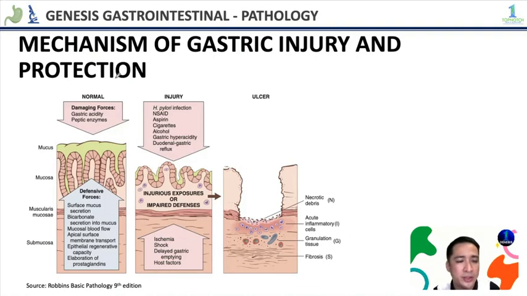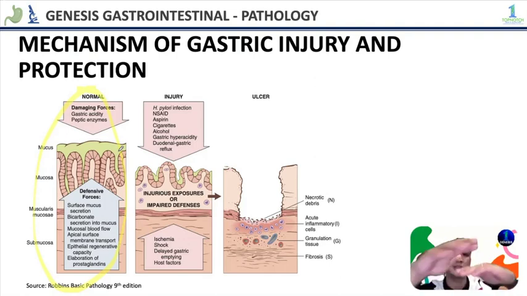So it is important to take note of the normal physiology first. So remember, we have this continuous layer of mucin and mucus. This mucus will protect the gastric mucosa when a particular substance tries to touch the surface of the mucosa. We have the mucus layers that have phospholipids and prevent large food from directly coming in contact with it.